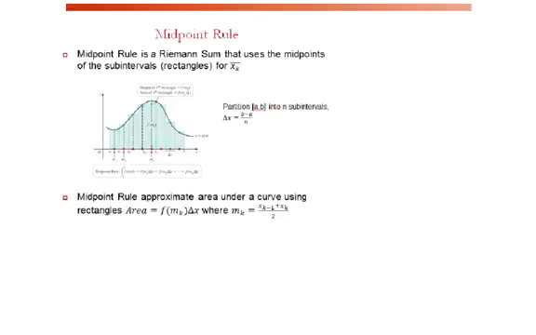So the midpoint rule is basically, like I said, a Riemann sum where we're using rectangles and you're slicing up or partitioning into subintervals, and then you're finding the area of all the rectangles and then summing them up together. But you're going to use the midpoint of the rectangle to determine the height of the rectangle.